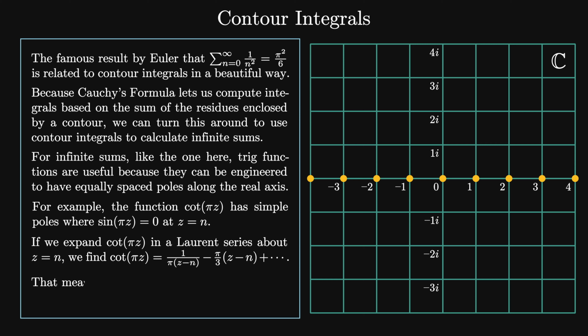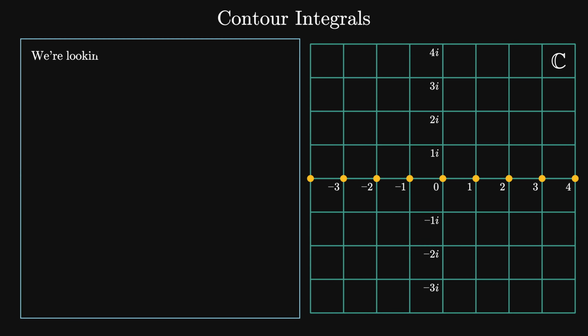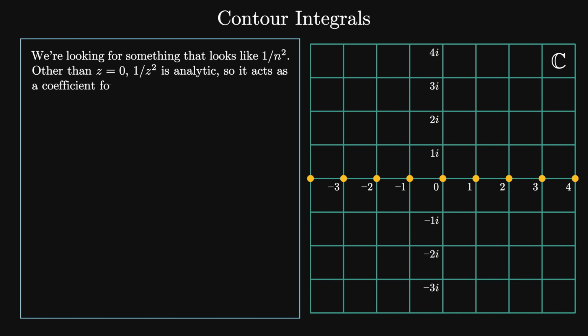This means that the residue of cotangent pi z at n equals 1 over pi. We're looking for something that looks like 1 over n squared. So other than at z equals 0, 1 over z squared is analytic, so it acts like a coefficient for the residue. For n not equal to 0, the residue of cotangent pi z divided by z squared at n equals 1 over pi n squared.